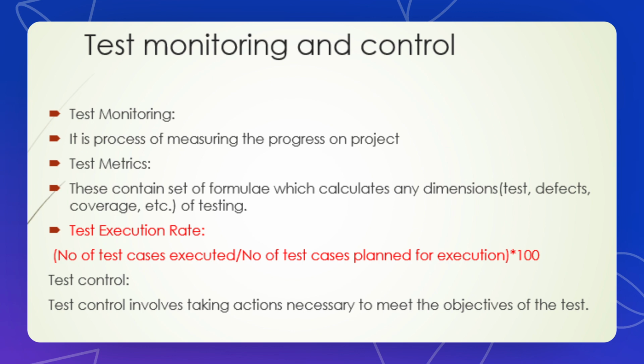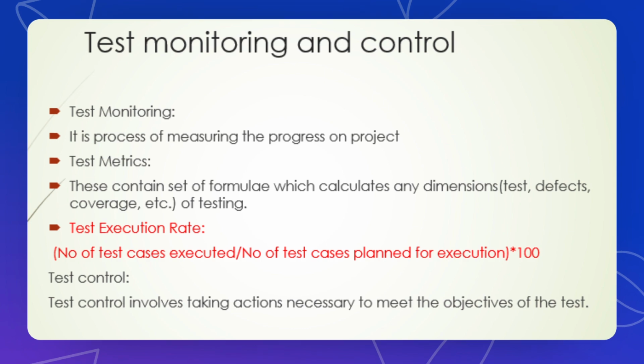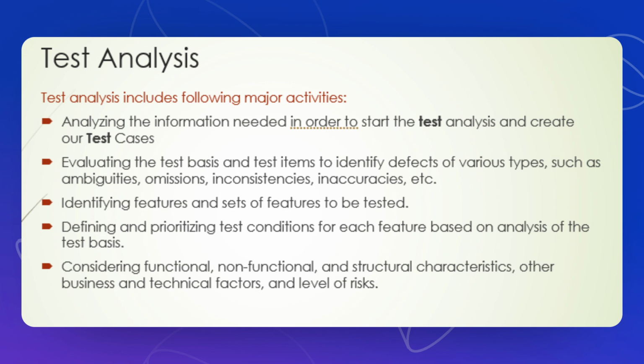And test control involves taking the actions necessary to meet the objectives of the test. So in the test analysis phase we analyze the information needed in order to start the test analysis and create our test cases.